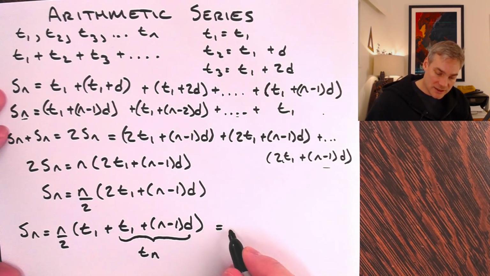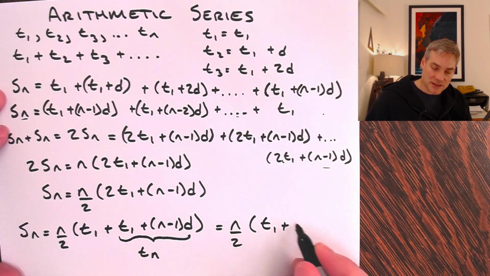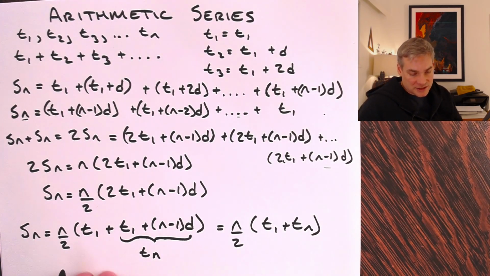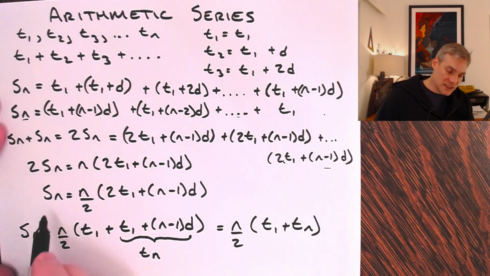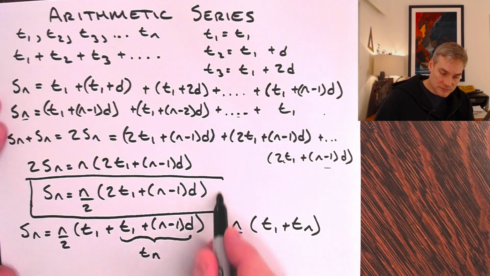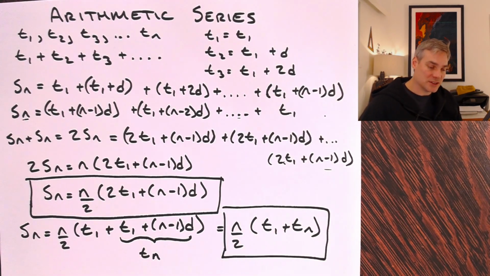So I can write this as n over 2 times T1 plus Tn. And that is how we derive the equations that we're going to be using. We're going to be using this equation, and we're going to be using this equation for solving for sums of the series.